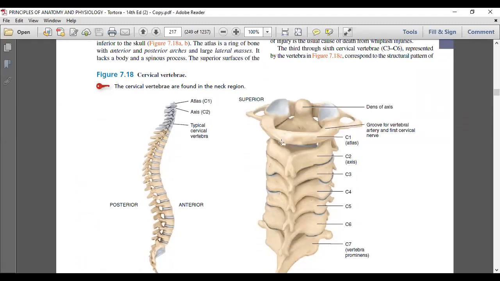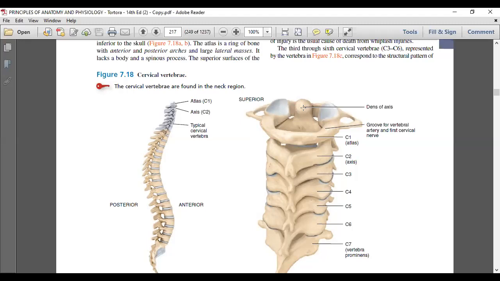These are the two bones. If you want, you can take a screenshot. As I showed you, the occipital bone has the two occipital condyles. So these are the facets for the occipital condyles. These two condyles of the occipital bone are going to fix in these facets.